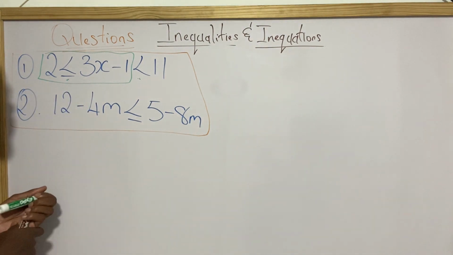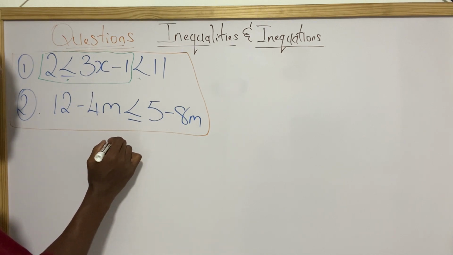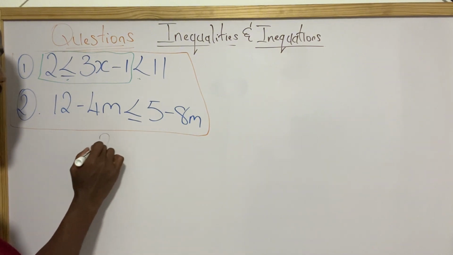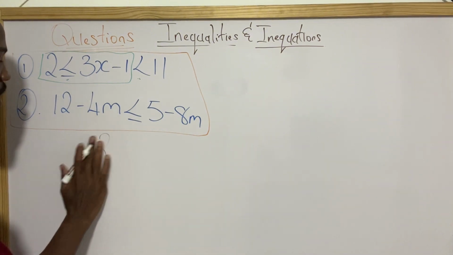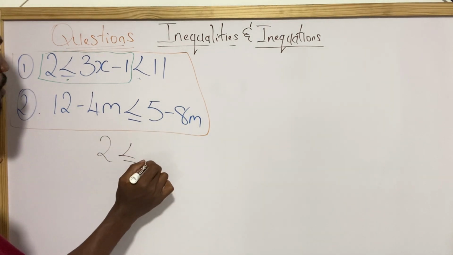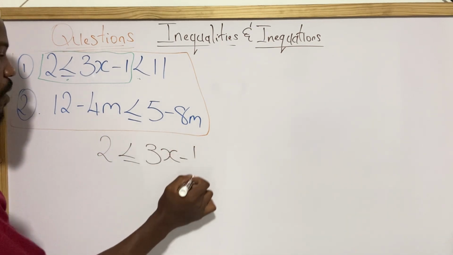In part one, we have 2, no, not 2x, just 2. We have 2 is less than or equal to 3x minus 1.